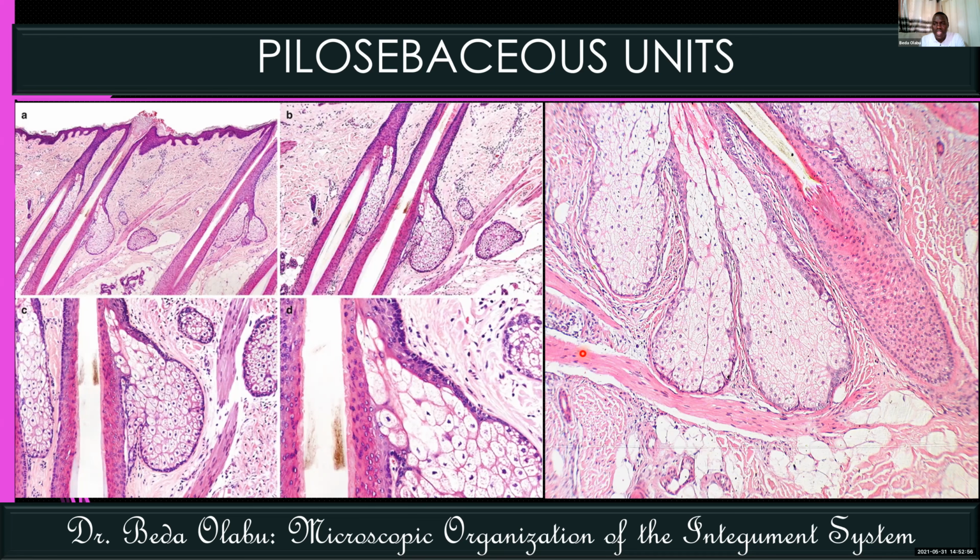The contraction of the erector pili muscle helps to squeeze the components of the sebaceous gland so that it can release its secretions along the hair follicle. Having mentioned that the cells must disintegrate when the secretions are being released, they need some external pressure to ensure the disintegration of the cells, and that pressure is provided by the erector pili muscle.